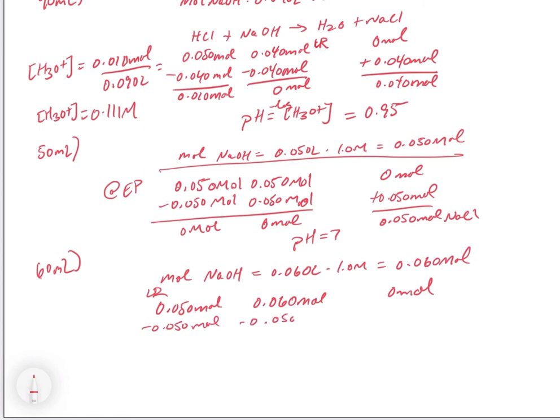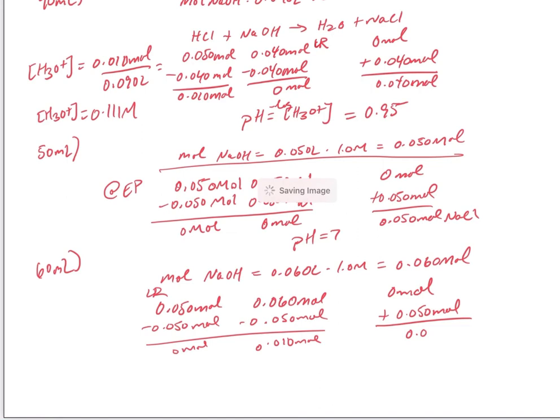And so I subtract the 0.050 moles away. So I get 0 moles of acid, and I get 0.010 moles of base. And I'm also going to get 0.050 moles of the NaCl, but that doesn't matter because it's neutral.